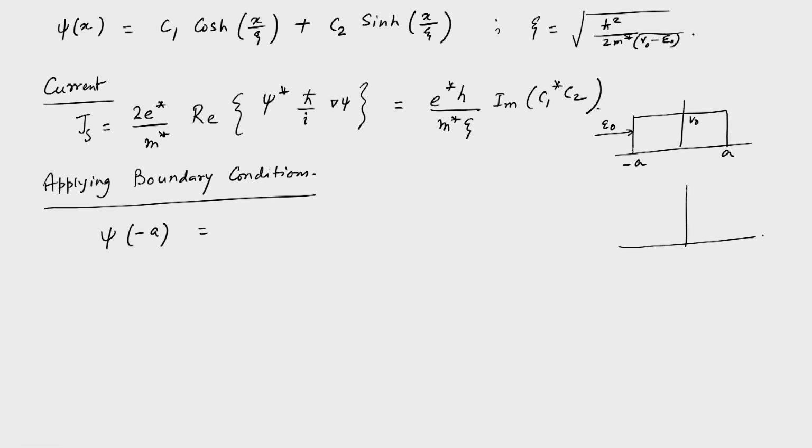Here the wave function decays, and then of course it grows in order to connect smoothly to the other region. So this is minus a and this is plus a.